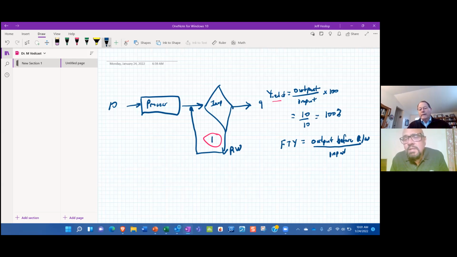Okay, first time right. I get that. That's the same thing. So in my example, I'm saying the first time yield is 90%. Sometimes we call this classic yield. There's different names for it. But the idea is yield is not simply output over input. You have to account for the rework. So when I'm saying yield, I'm really talking about first time yield. Okay.